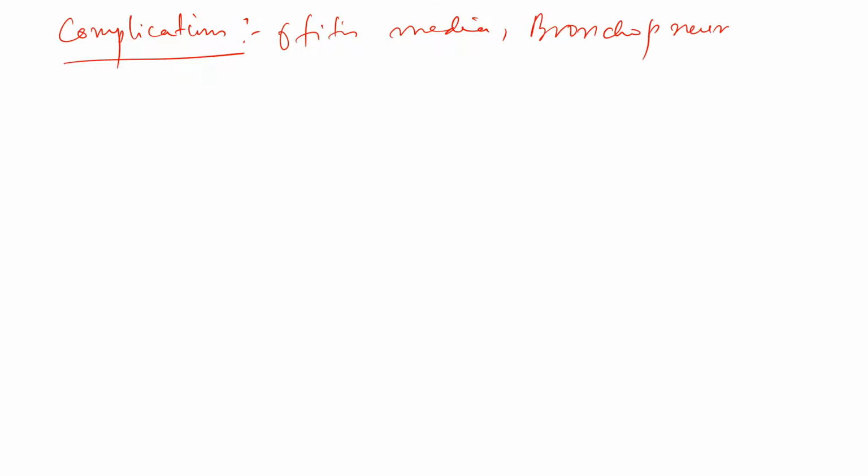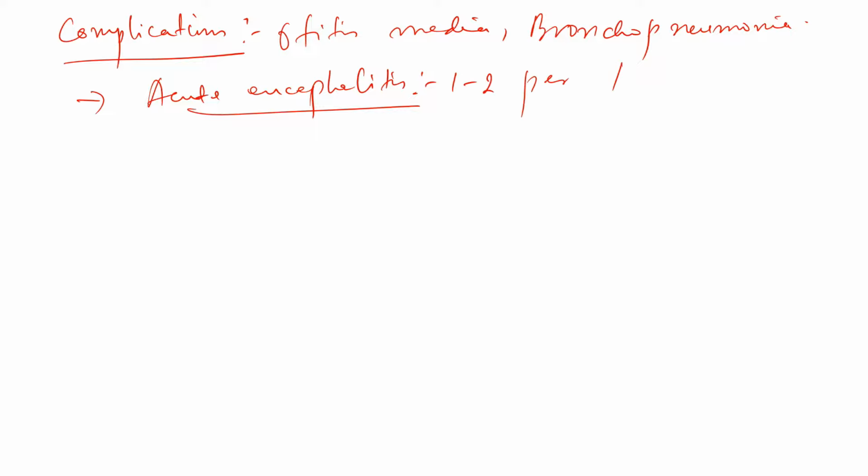Complications of measles. Complications of measles are otitis media, bacterial bronchopneumonia. Measles can also lead to acute encephalitis, which happens in 1 to 2 per 1,000 cases of measles.